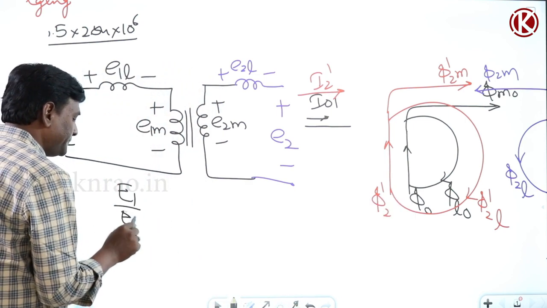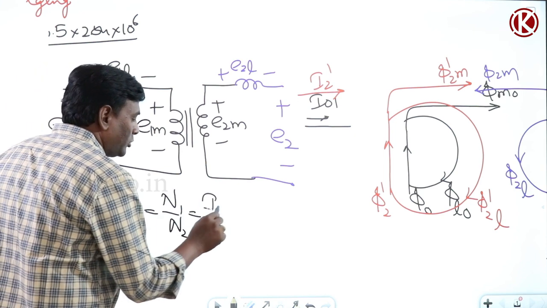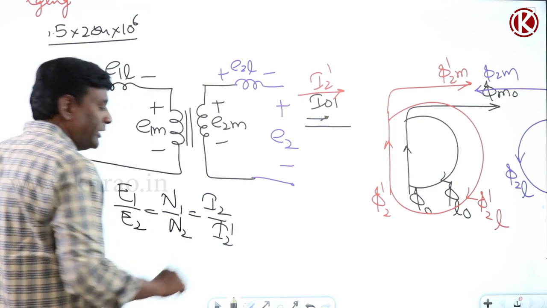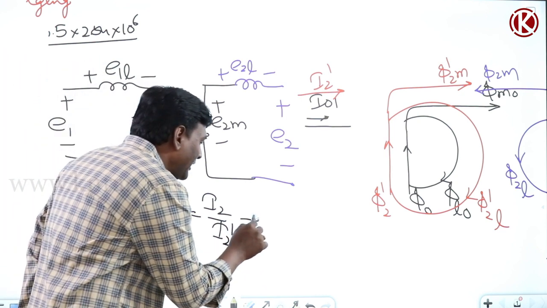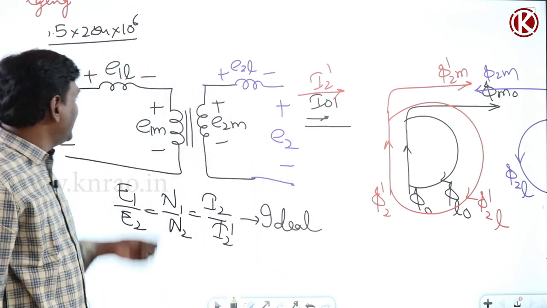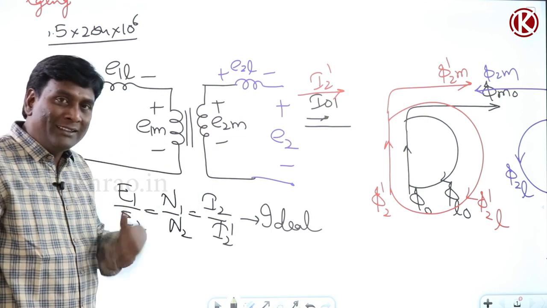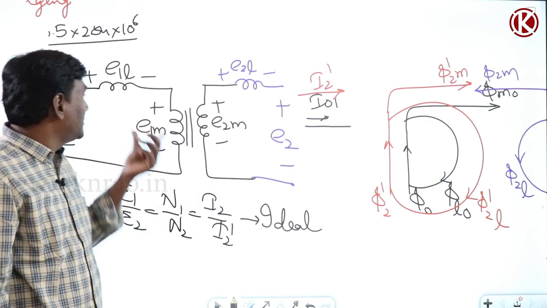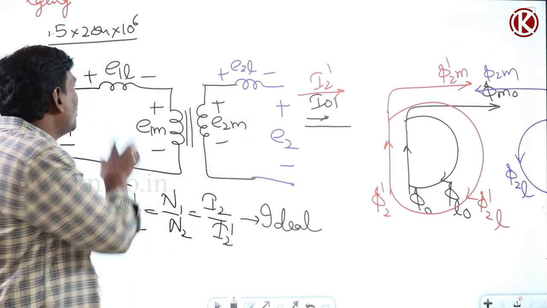E1 by E2 equal to N1 by N2 equal to I2 by I2 dash. Now this is meant for the ideal machine. In the second case, we modeled practicalities, or we built the equivalent circuit. In the third case, we find the parameter values by indirect loading test.